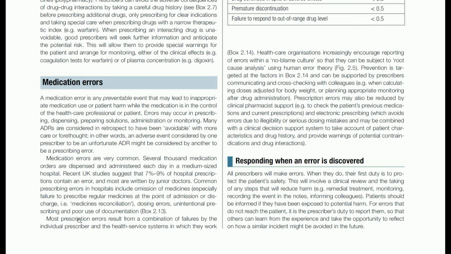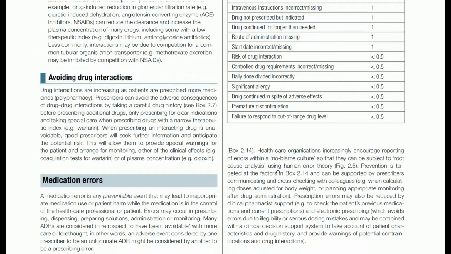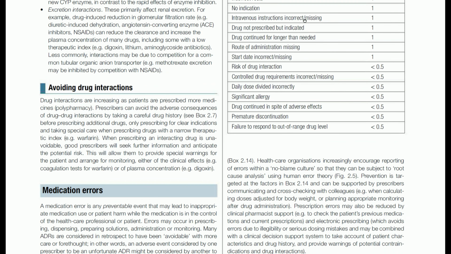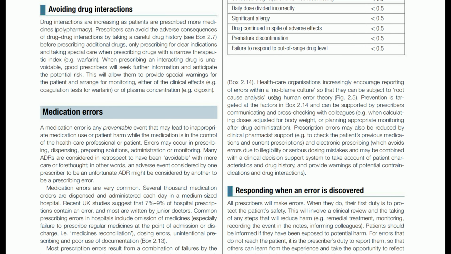Box 2.13. Most prescription errors result from a combination of failures by the individual prescriber and health service system in which they work. Box 2.14. Healthcare organizations increasingly encourage reporting of errors within a no blame culture so they can be subject to root cause analysis using human error theory.